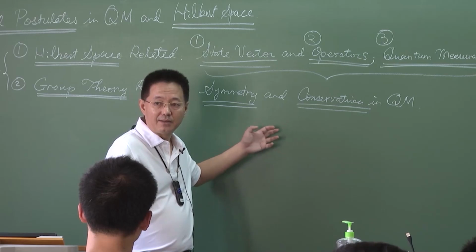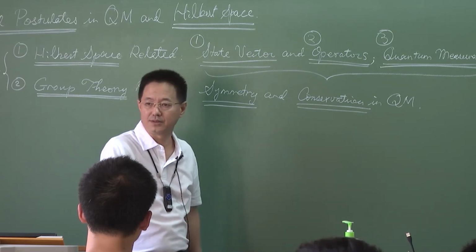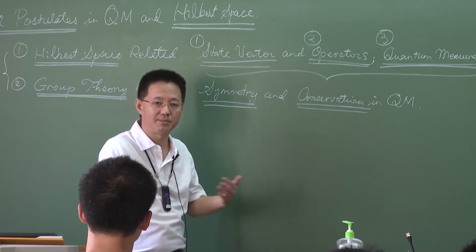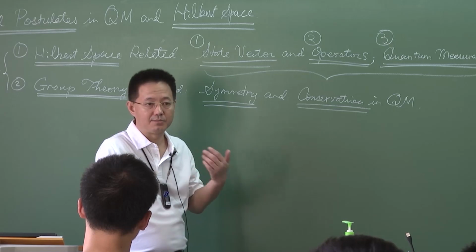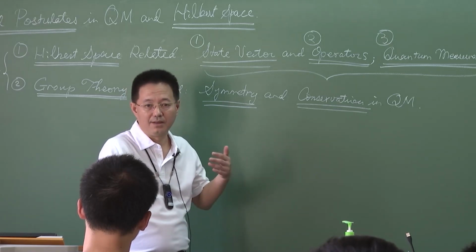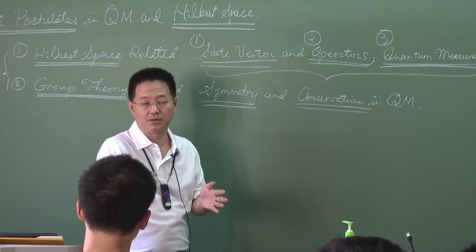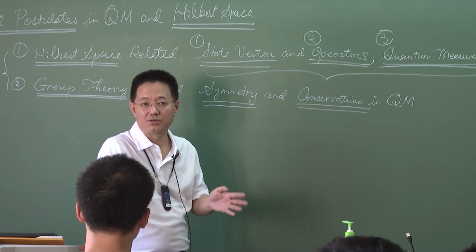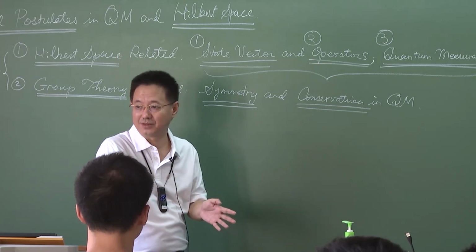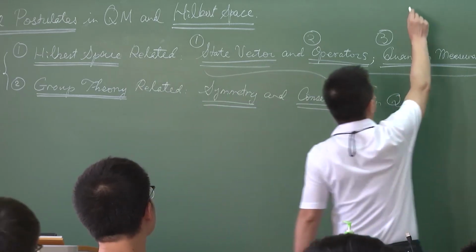But in quantum mechanics, we have many more conservations and symmetries, not only time and space translation. We also have the space rotations. We have the reflection in space. The reflection in space also means the spatial inversion, and it is also called the parity transformation. And parity is a very new term.